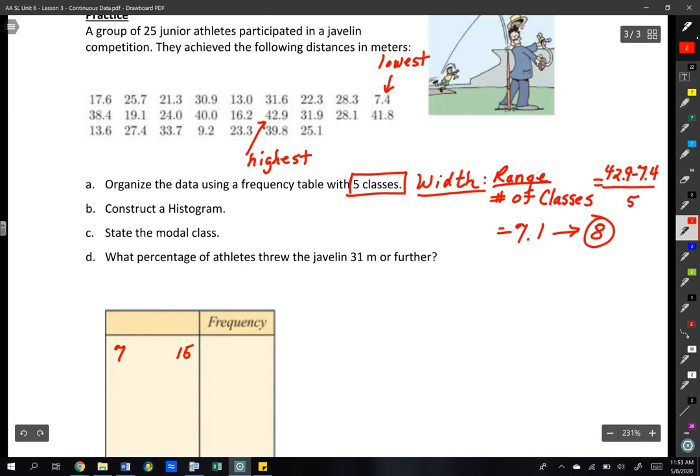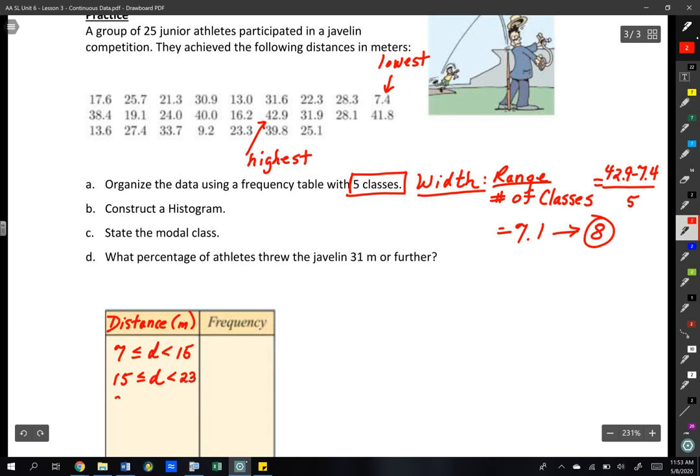Now, what are we talking about here? We're talking about, in this case, distance in meters. So I'm just going to put a column heading here, distance, and I'm going to use the variable d for distance. So we ended at 15, we start at 15, and we add 8.